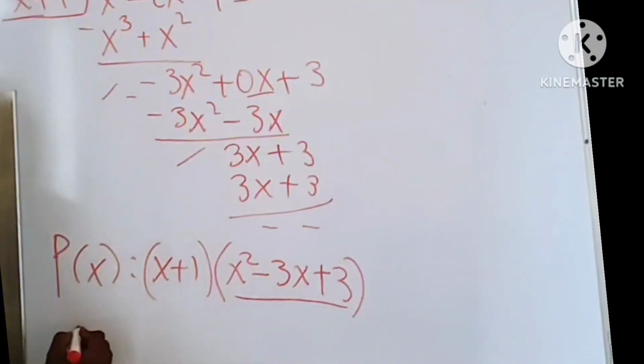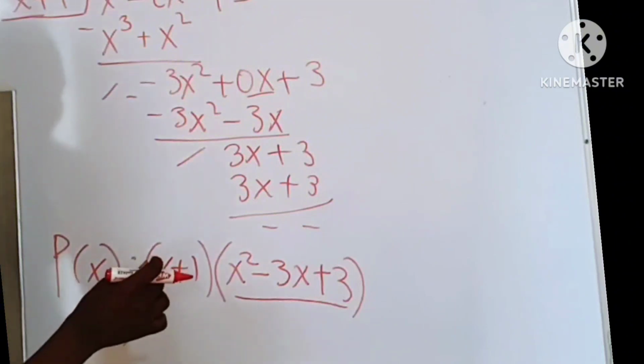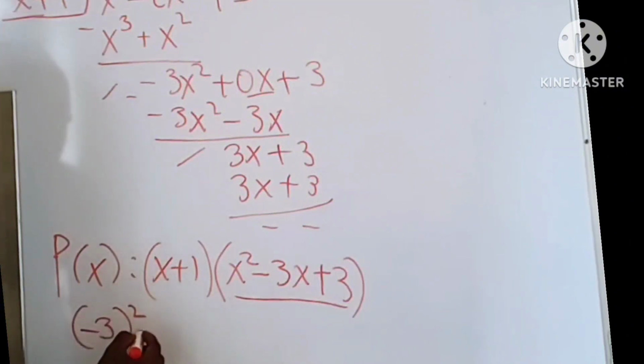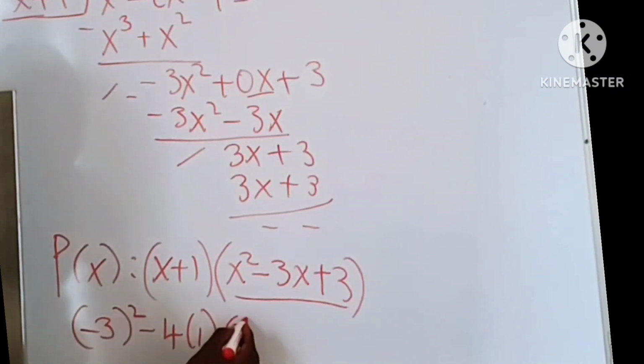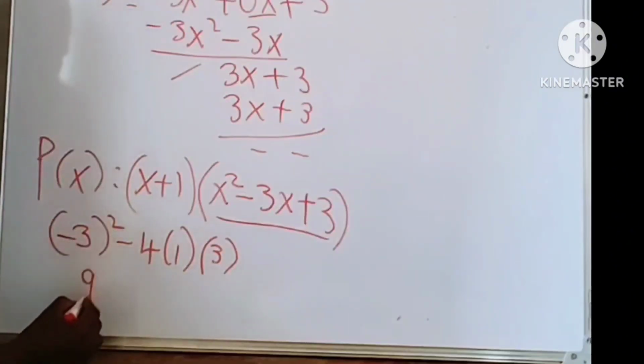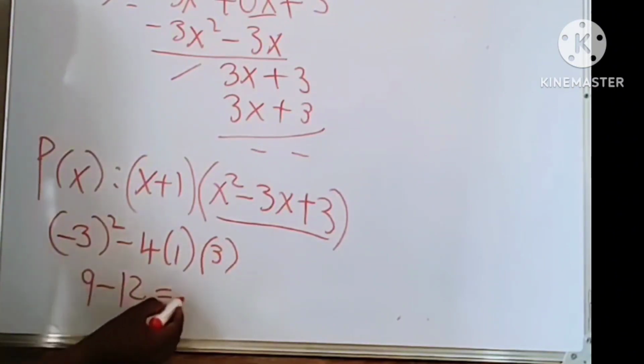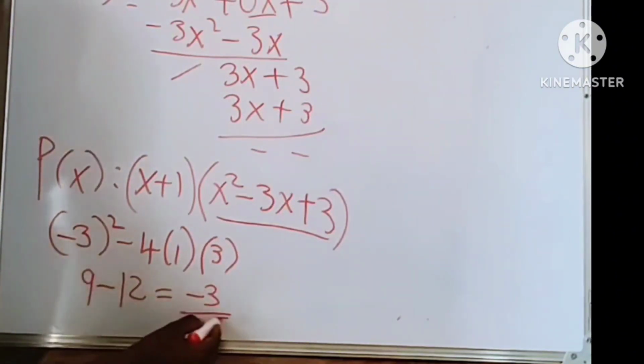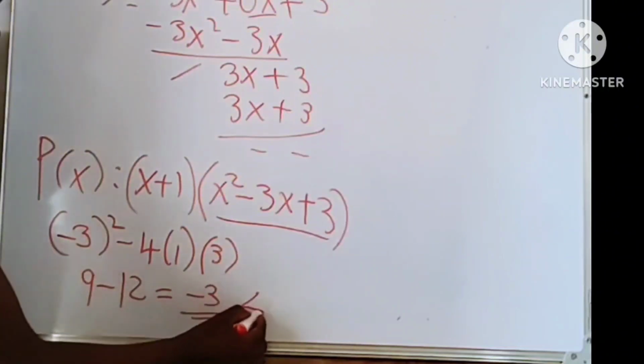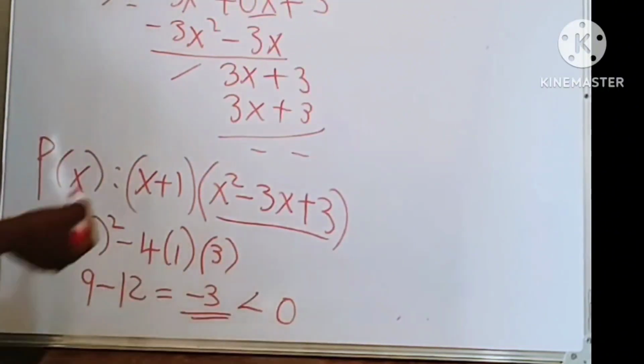B is -3, so b squared will be -3 all squared, minus 4ac, minus 4, a is 1, c is 3. This will give us 9 minus 12 is equal to -3. -3 is less than 0.